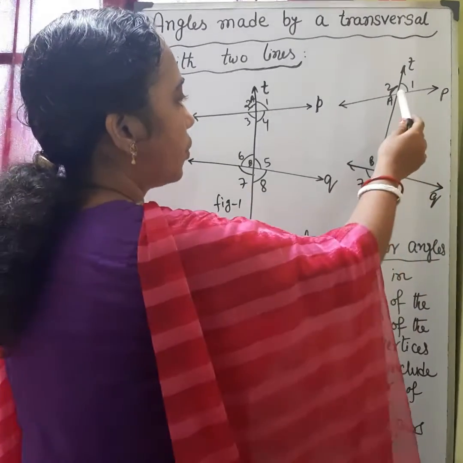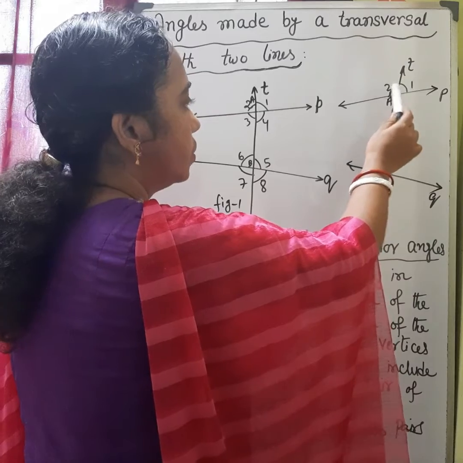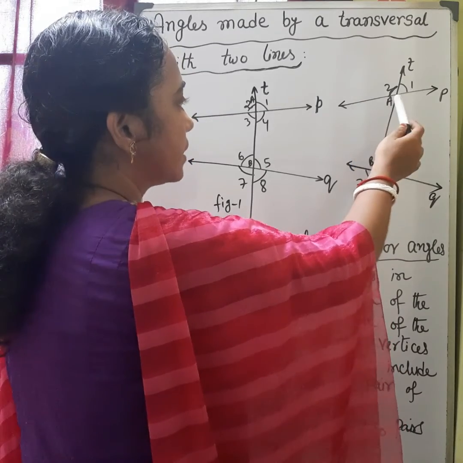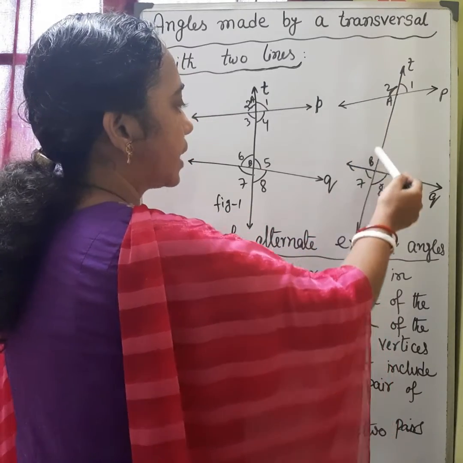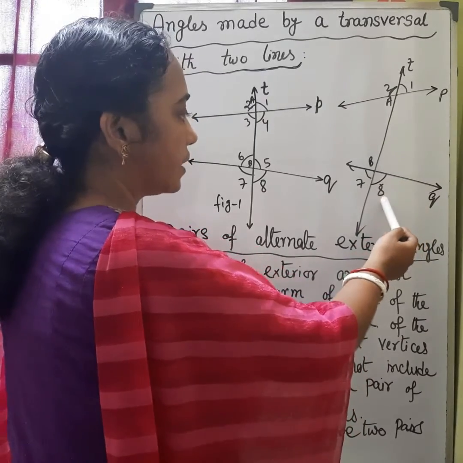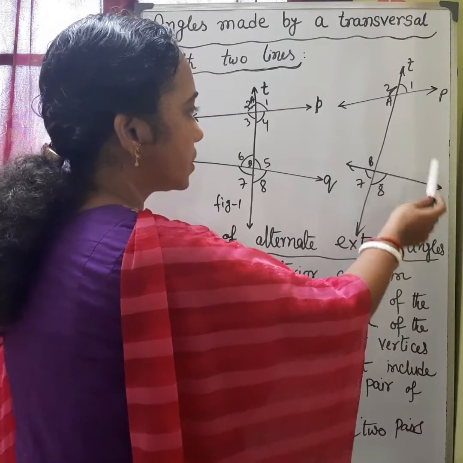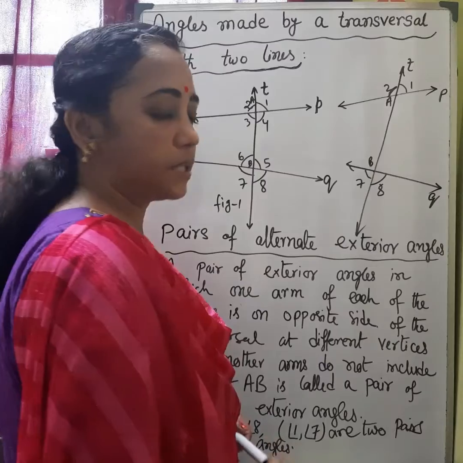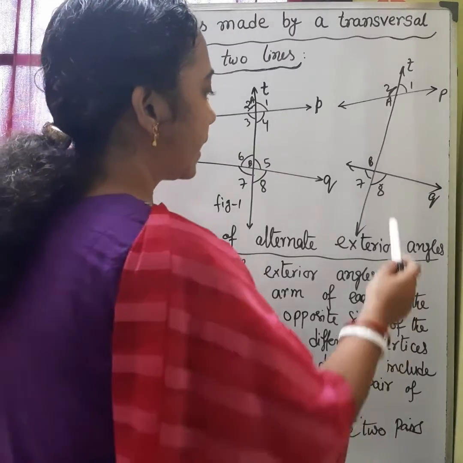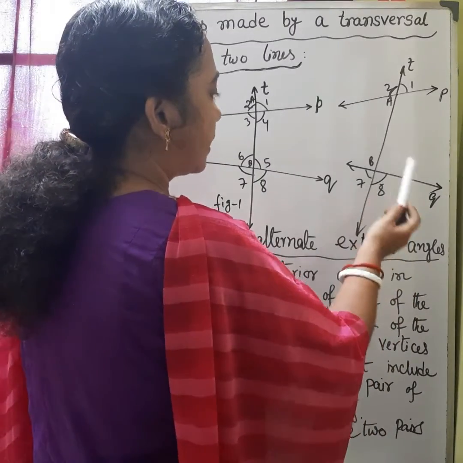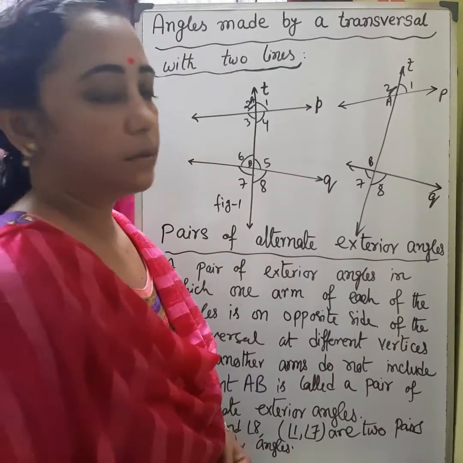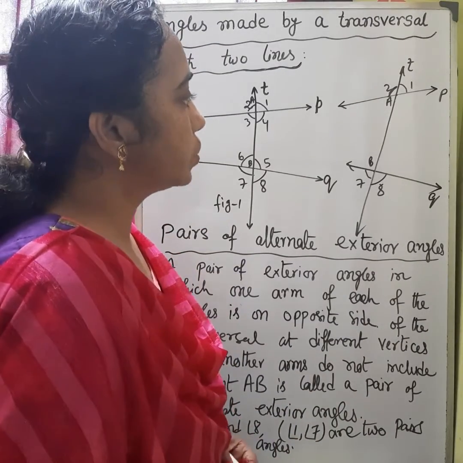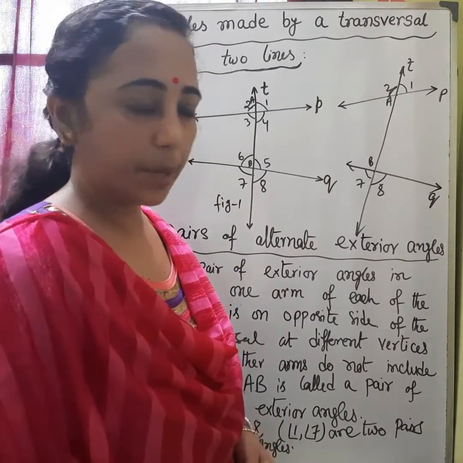So if we consider at point A, the angle 2 whose one arm is in this direction, that is from right to left, then at point B, we consider another angle whose one arm is on the opposite side of this arm. That will be angle 8, and the other arm of both the angles does not include the line segment AB.